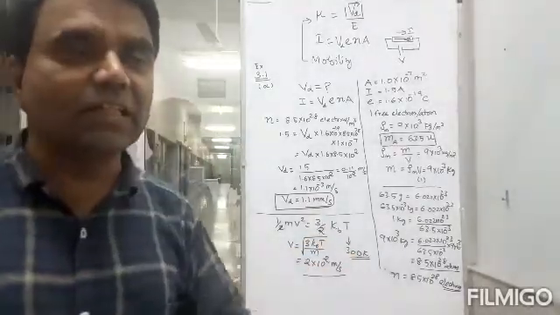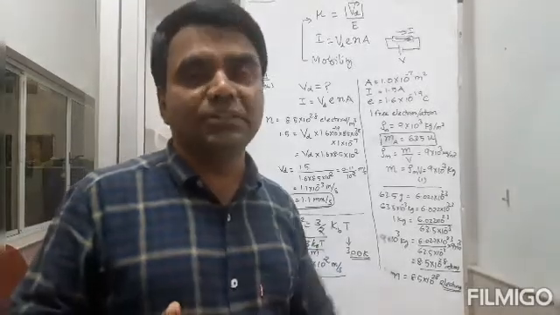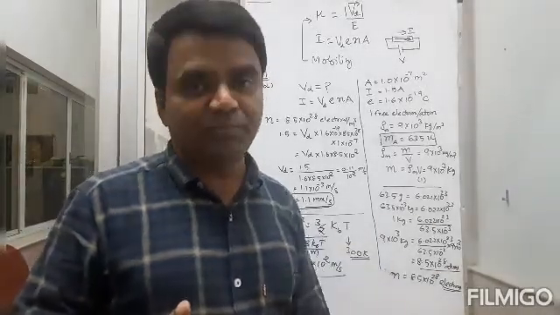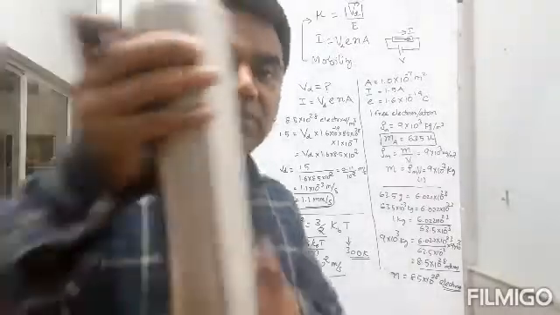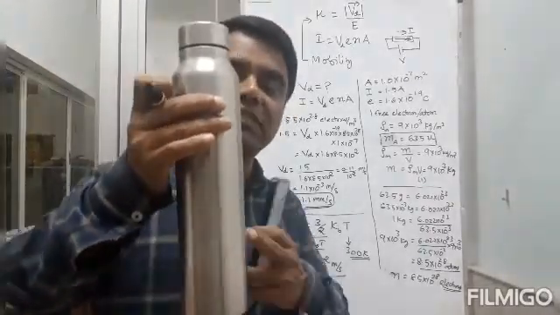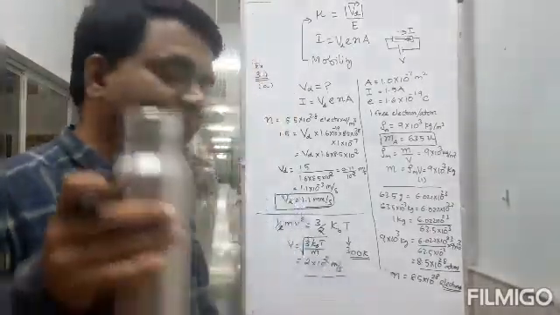So in a second it will cross 200 meters. That is how fast they are moving at room temperature in a conductor. In this conductor right now, these electrons are moving at 200 meters per second.